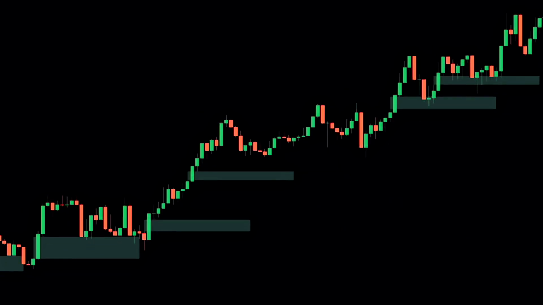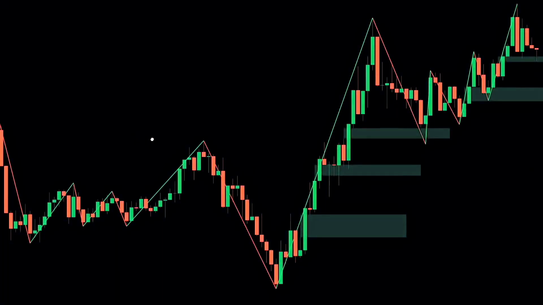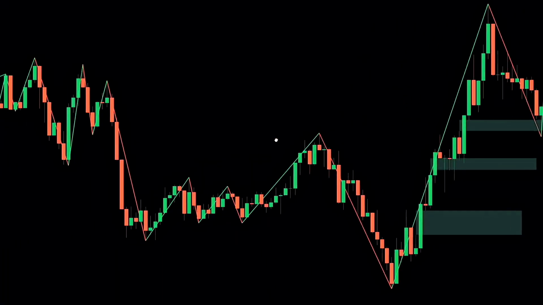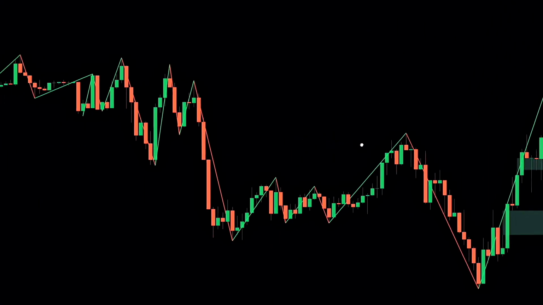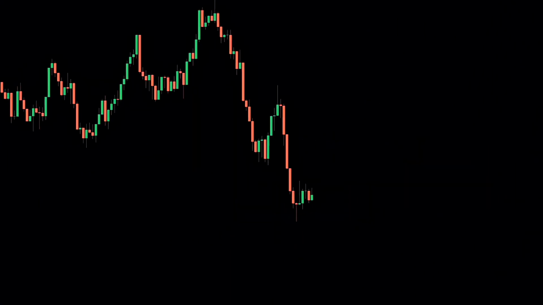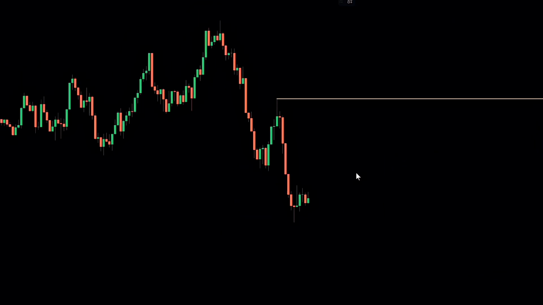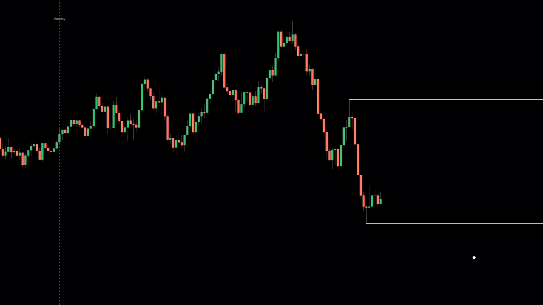The third condition is identifying the pre-market buy-side and sell-side liquidity levels. The buy-side liquidity level is a swing high, but not just any recent one, one that's been around long enough to be significant. The sell-side liquidity level is a similar concept but for a swing low.